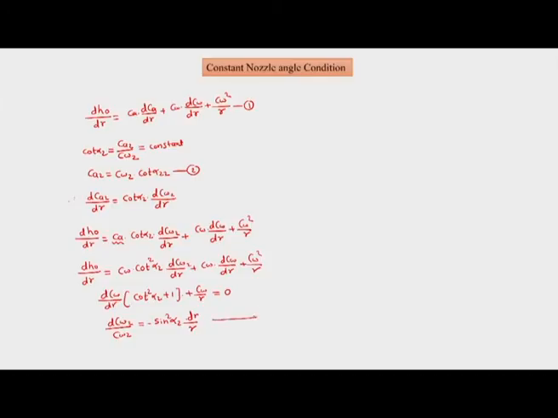Upon integration, this expression can be written as Cw2 into r raised to sin square alpha 2 is equal to constant. So this expression, Cw2 into r raised to sin square alpha 2 is equal to constant, is a condition where constant nozzle angle will be maintained at the entry to the rotor.